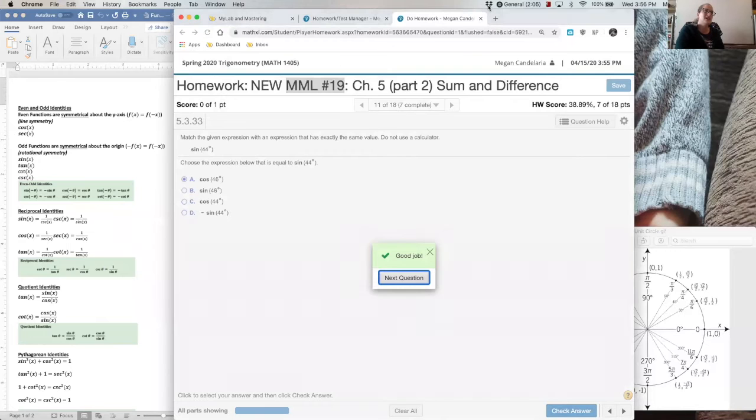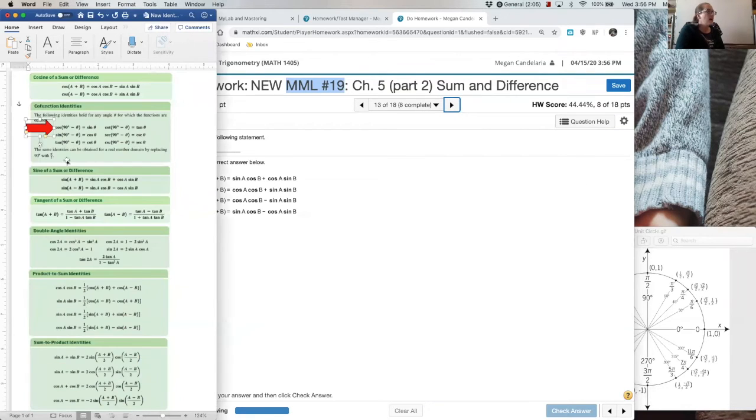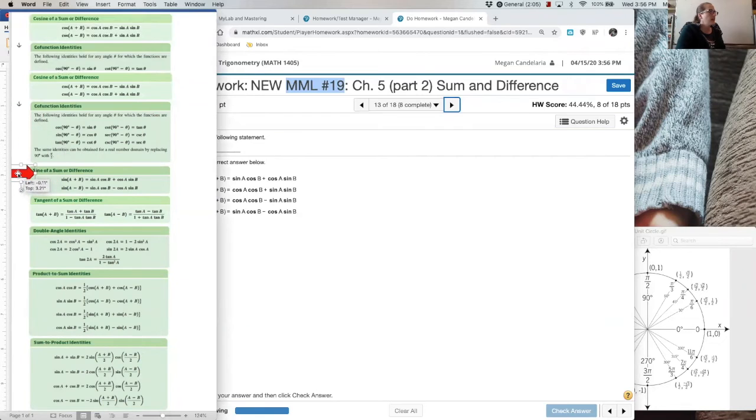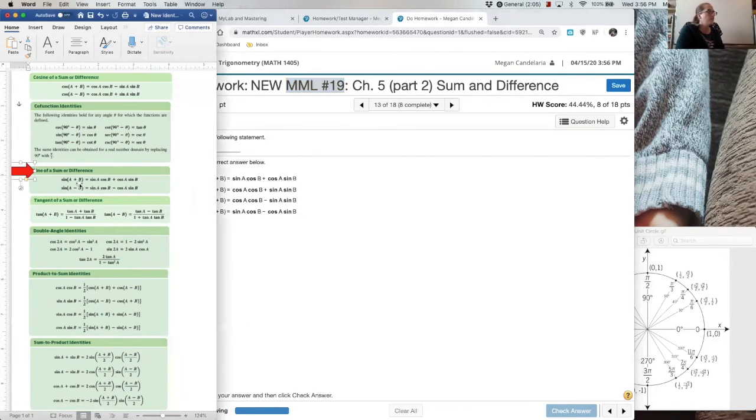All right, go us. Okay, so our next question is again looking just at our basic fundamental identities. So we have sine of a plus b. So this is a sum difference of sines. So let's come down and look at sum difference of sines. Sine of a plus b is going to be sine a cosine b plus cosine a sine b.